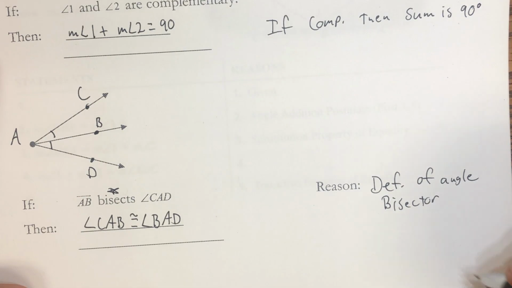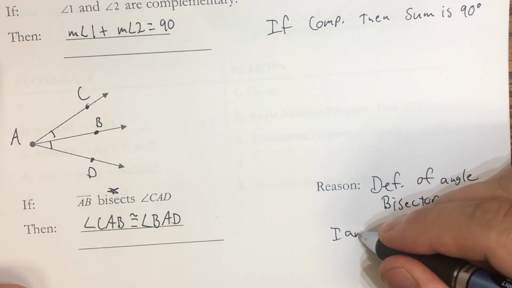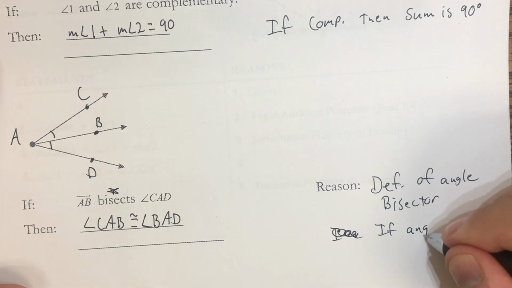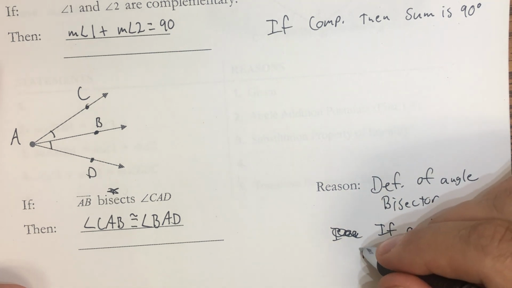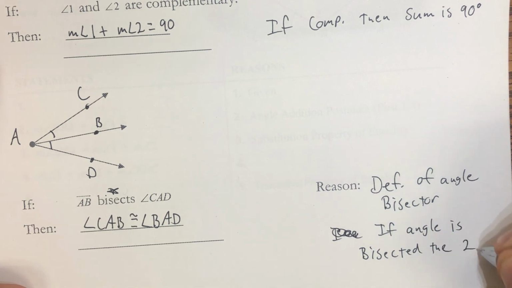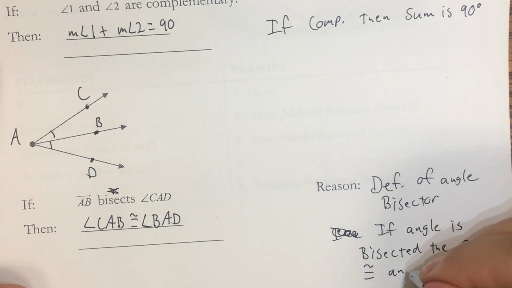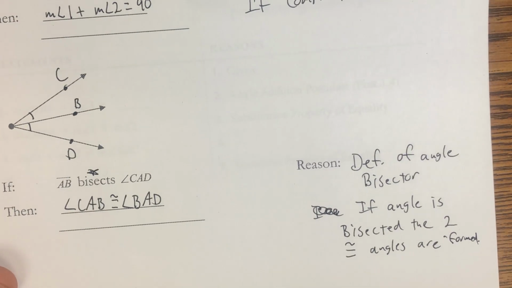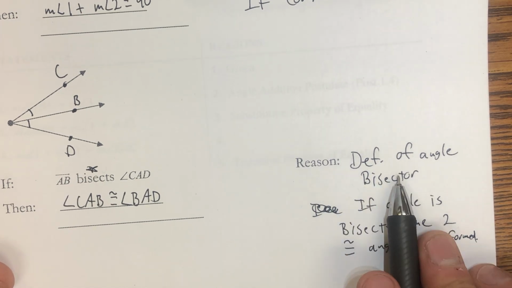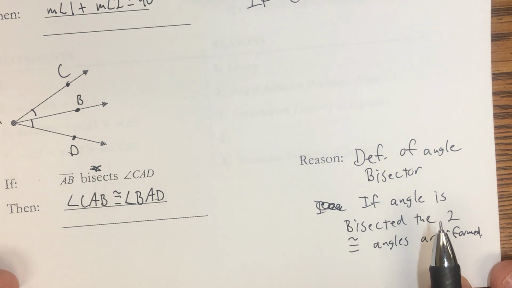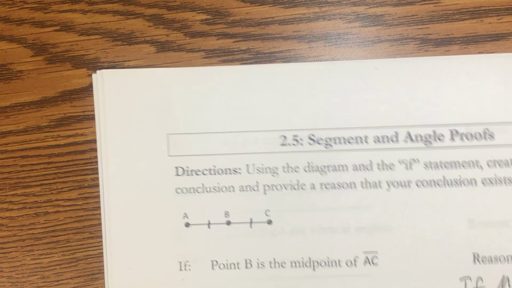Or in if-then form, I would say if angle is bisected, then two congruent angles are formed. So that would be if-then form. Typically for the textbook, we're going to use these definitions, but I always like thinking of the if-then because the given leads me to something else I know.